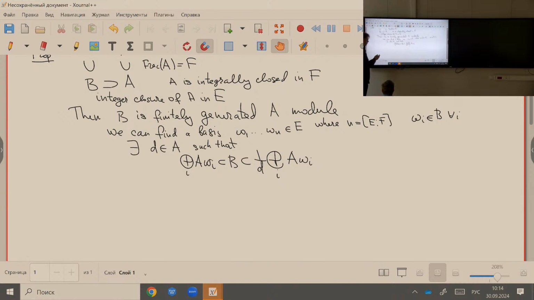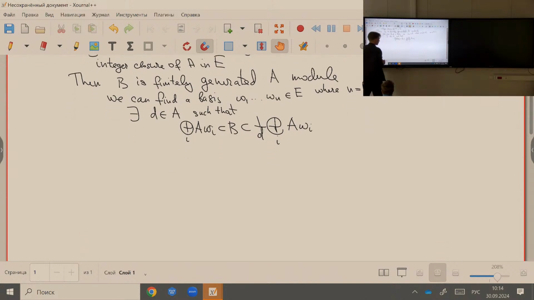So okay, let me now continue with separable and inseparable extensions.